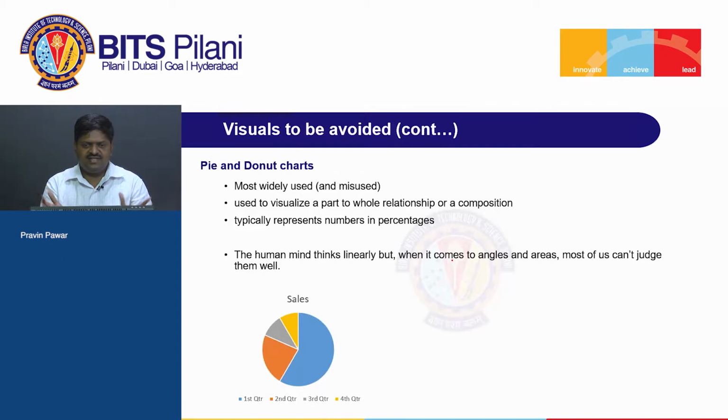So let's say you are comparing a metric and there are several categories of that metric. Usually some 5-6 slices will appear in that visualization, and let's say each of them has the same value, like 15%, 20% or something.